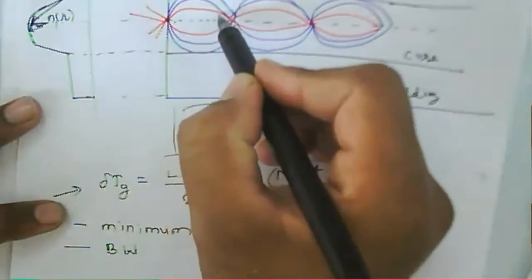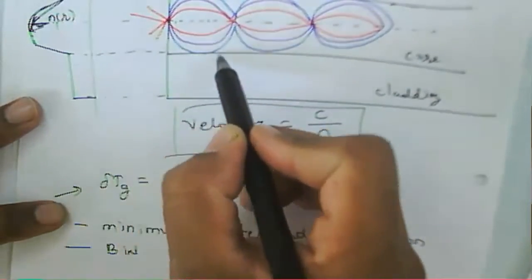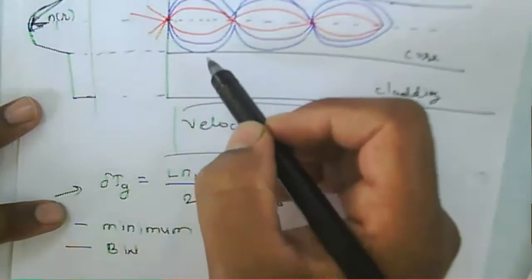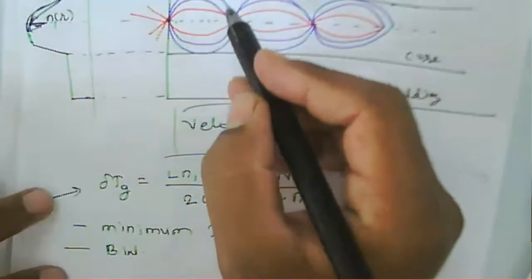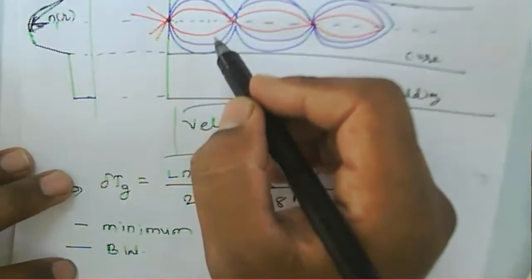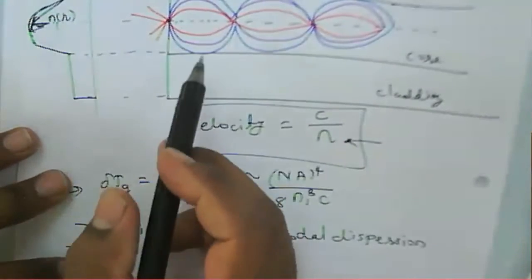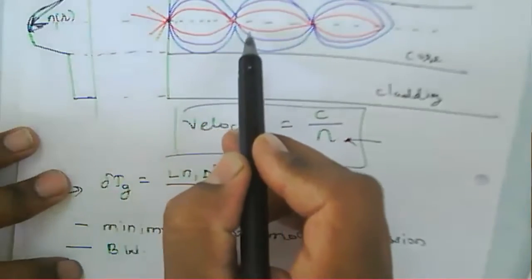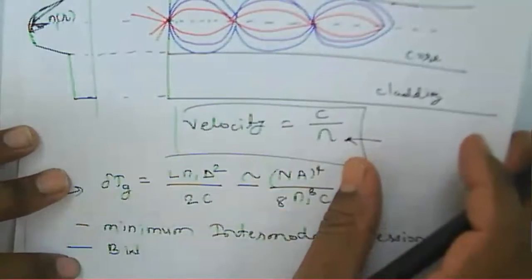Okay, so this one is a path here for the rays. Another ray, this one is a path likewise. Because the core refractive index is varying, that's why the rays are propagating with different paths here. So if you consider that rays are propagating through the fiber, some of the rays are fastest, and some of the rays are slowest here.